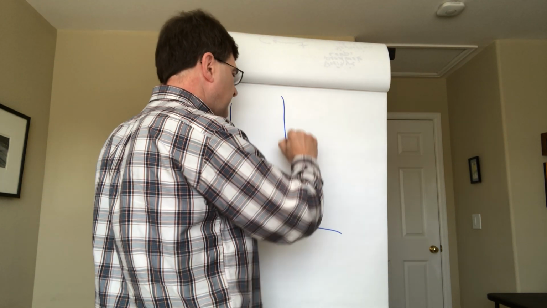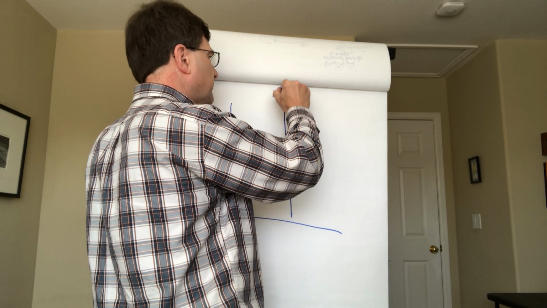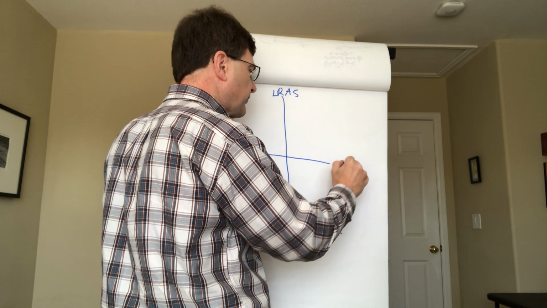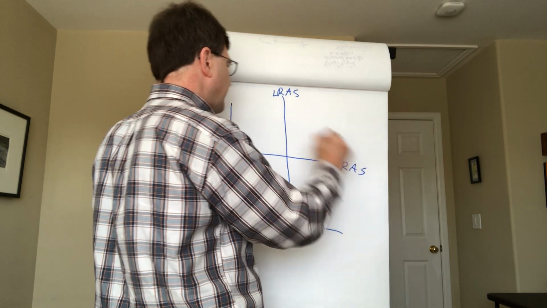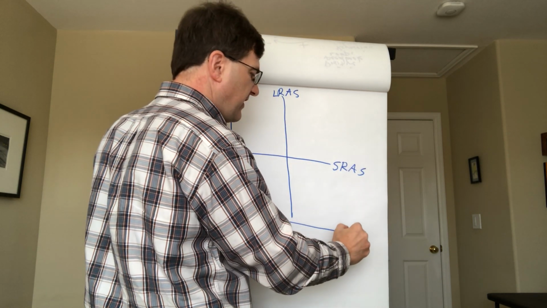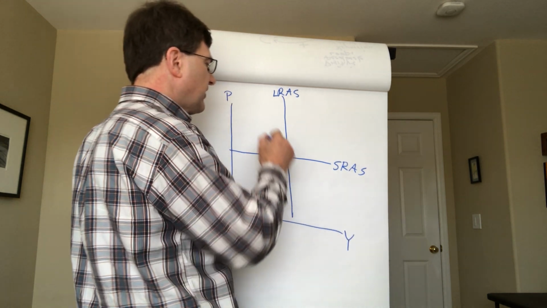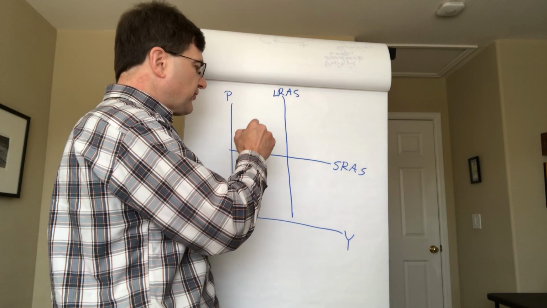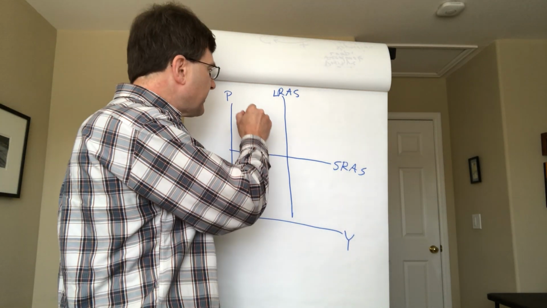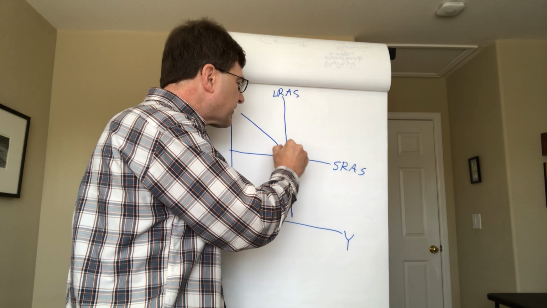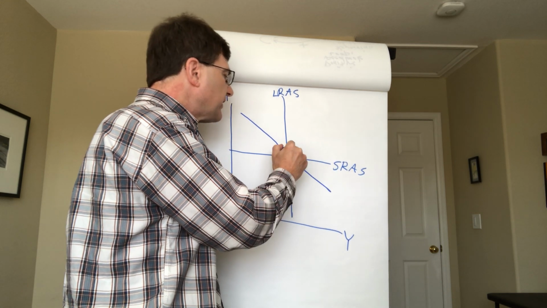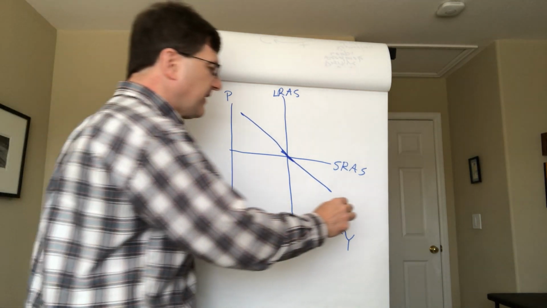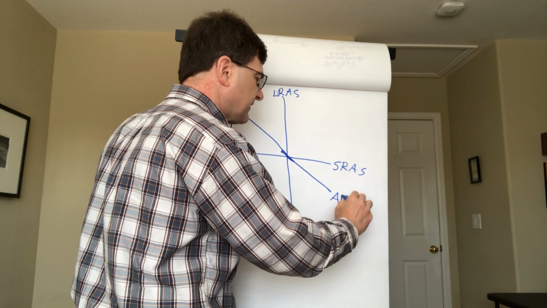he has a long run aggregate supply curve and a short run aggregate supply curve, which is simply what prices are sticky at. We've got prices on this axis and GDP on that axis. And then there's an aggregate demand curve. And the simple answer to what the Fed should be doing is to have its aggregate demand curve go right through that intersection of long-run aggregate supply and short-run aggregate supply.